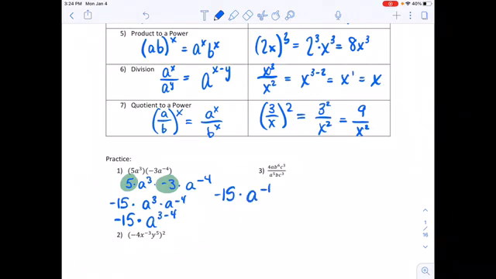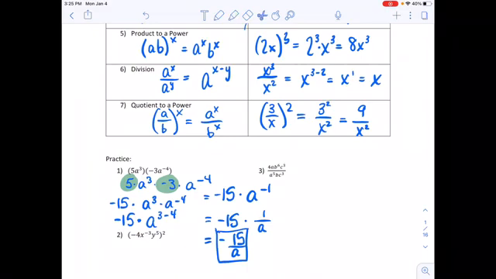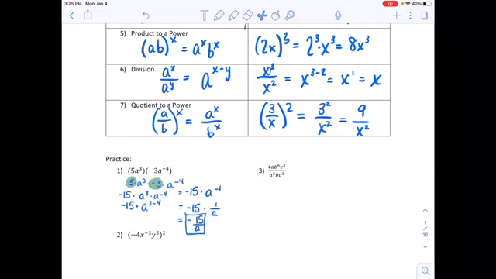Now notice 3 minus 4 gets us negative 1, so we do end up having to make a to the negative first positive, and we end up getting negative 15 over a as our solution here. Okay? Not too hard. They do take a little bit of thought and work to figure out what works best.